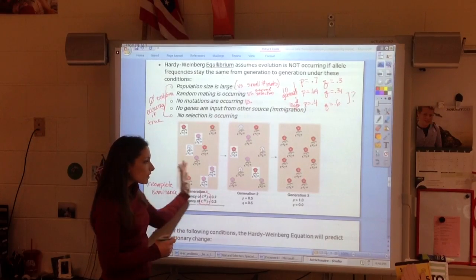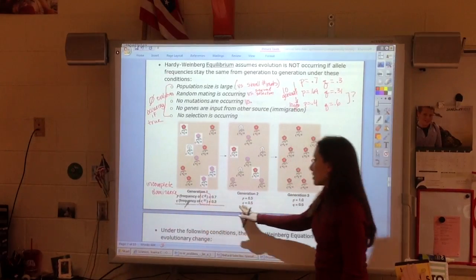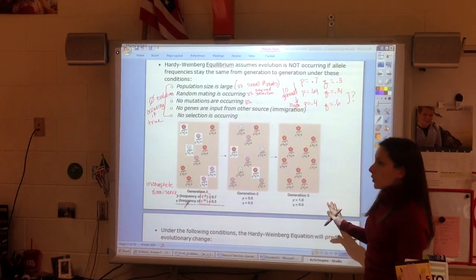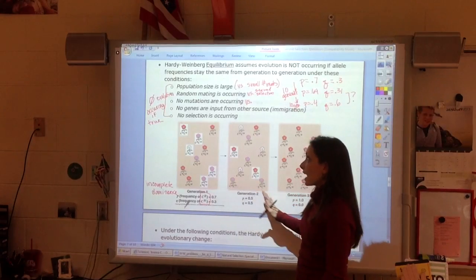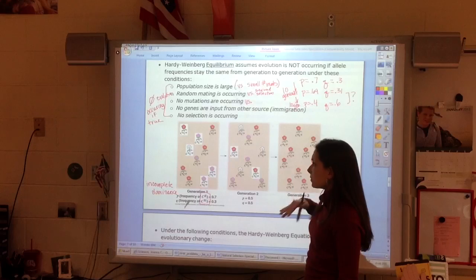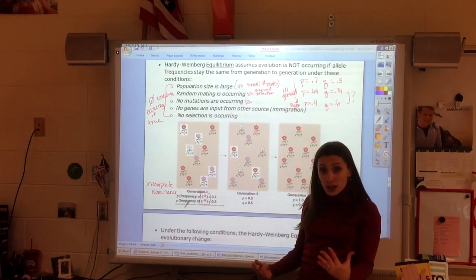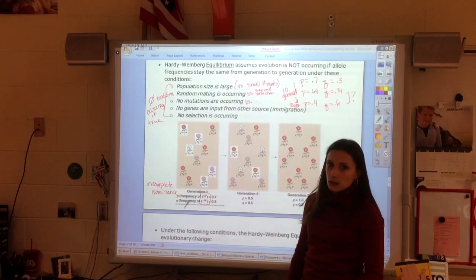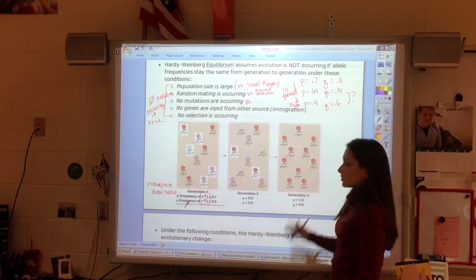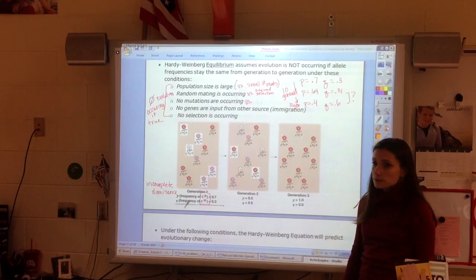And so if we look at this, we can actually see a pretty drastic change in the allele frequency. We can predict what is happening. We don't see any genes being input, but we do see the loss of certain phenotypes, which means we're also losing the alleles as well. This is pretty drastic to happen over just 2 extra generations.